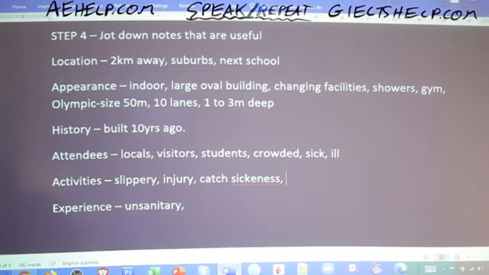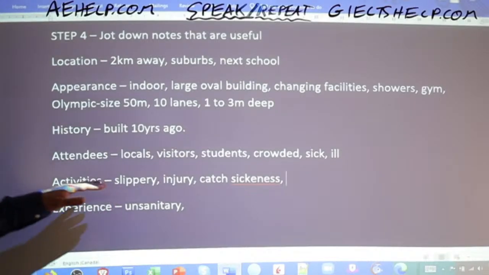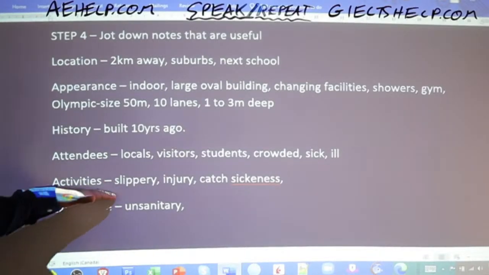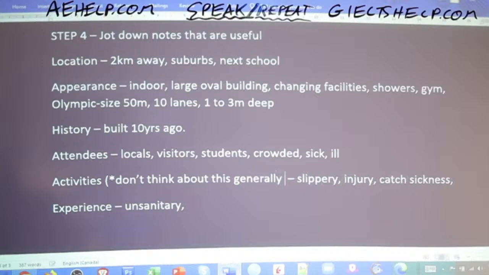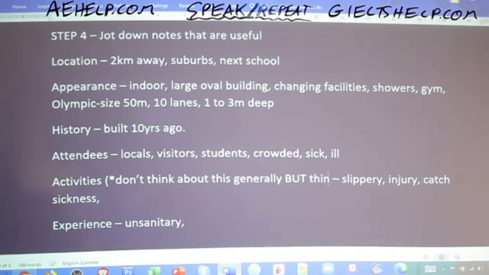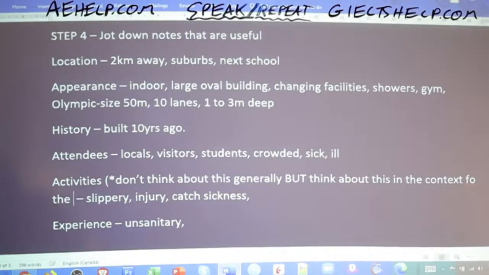Catch a sickness, right? So when you're thinking about activities, think in the context of the card. That's very important. Okay? Don't just think about it generally. Okay, so I'm going to give you a note here. Don't think about this generally, but think about this in the context of the card.